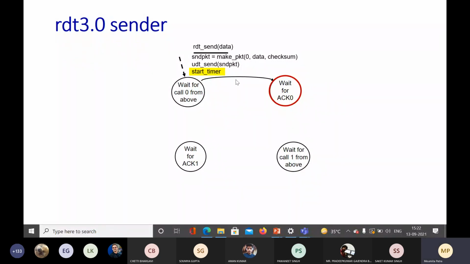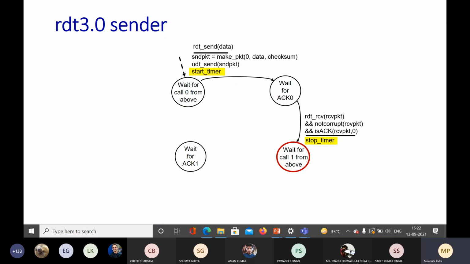Now, once the timer is started, the sender will wait for the acknowledgement. It is a stop and wait protocol. So it sends the packet, starts the timer, stops itself and waits for the acknowledgement for the packet that it has sent. So now it is in this state, wait for acknowledgement 0. Okay.